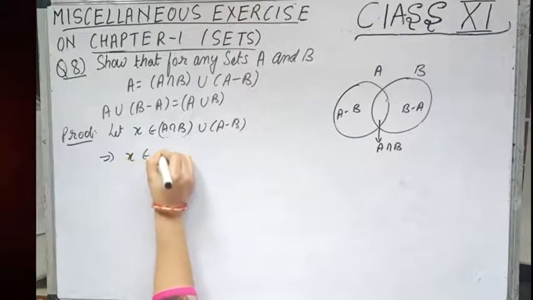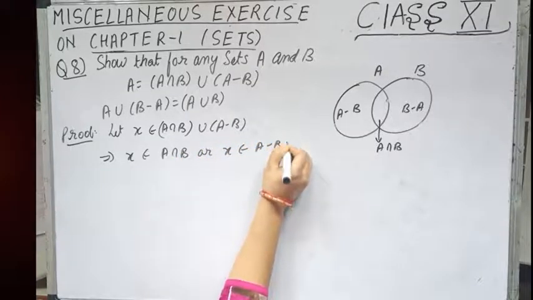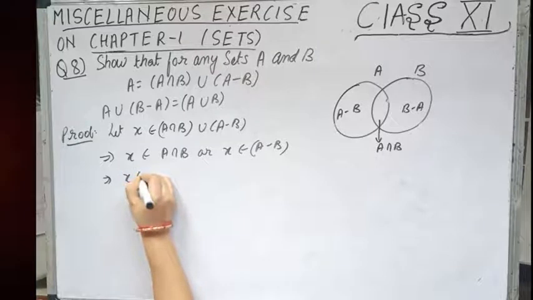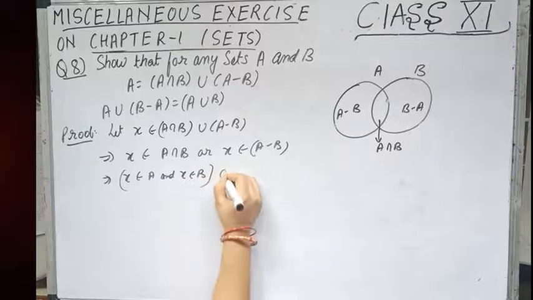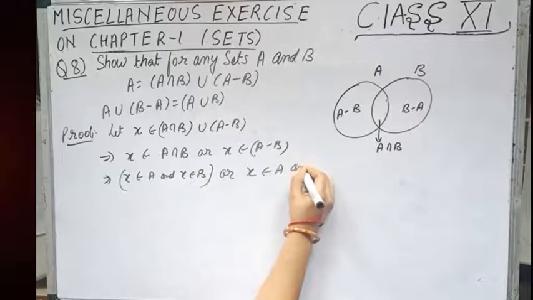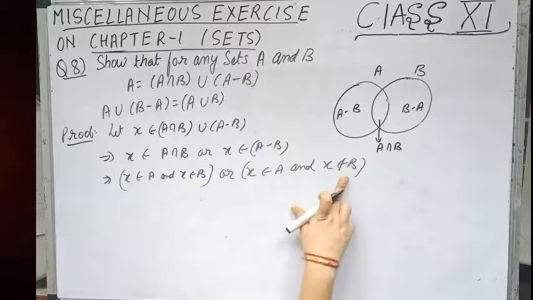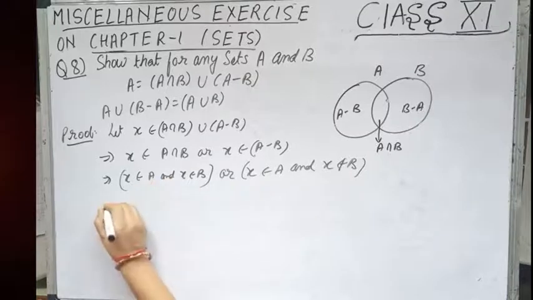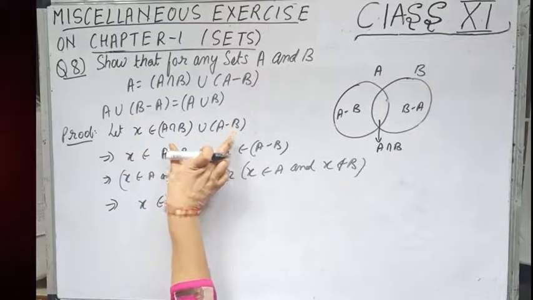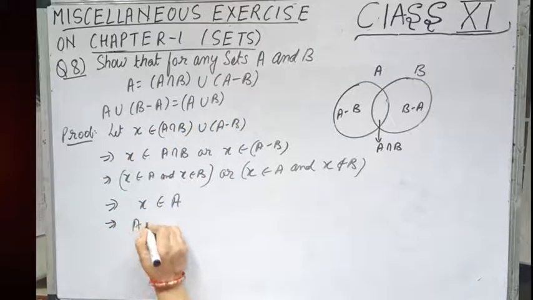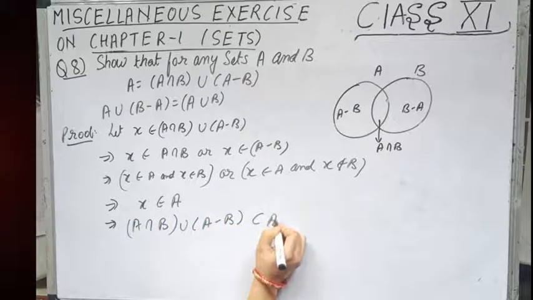This implies X belongs to A intersection B or X belongs to A minus B. This implies X belongs to A and X belongs to B, or X belongs to A and X does not belong to B. So here X belongs to B and here X does not belong to B. Finally, this implies X belongs to A. So we started with this set and we got A. So this implies A intersection B union A minus B is a subset of A.